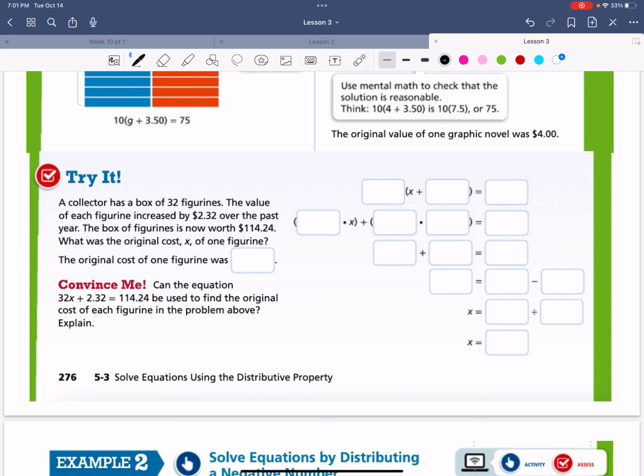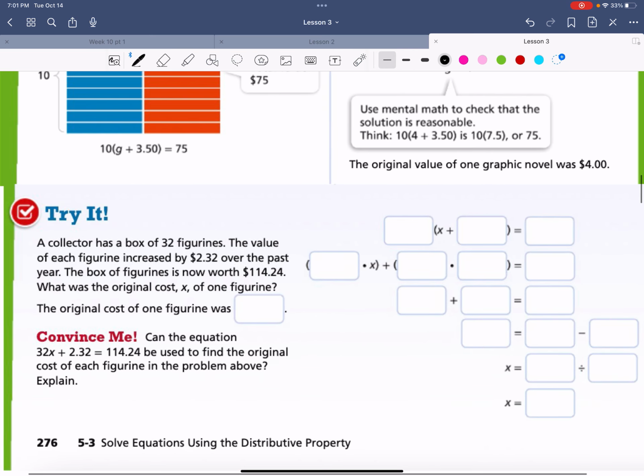Remember, we always want to start by finding that total. So here, our total money is $114.24. One figurine is X, and we know the cost of one figurine has gone up, so added $2.32. And that applies for all 32 figurines.